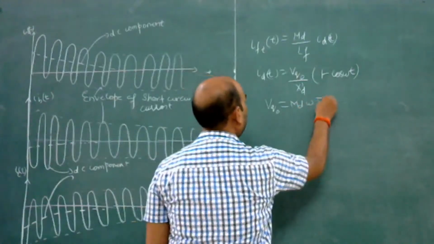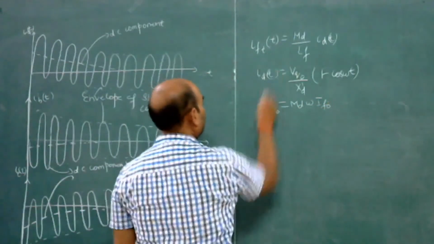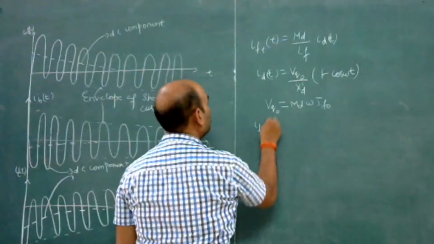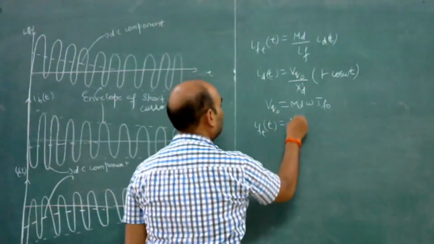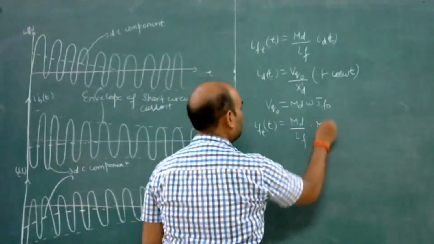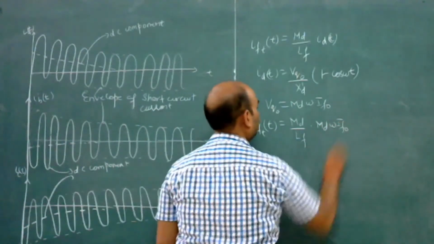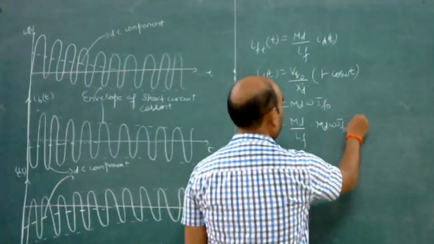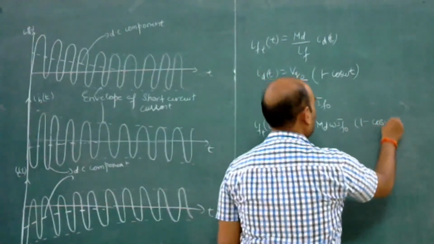So ifT(t) will be equal to Md by Lf into Md omega If naught (1 minus cos omega t).